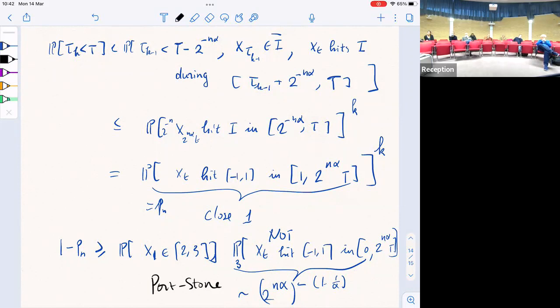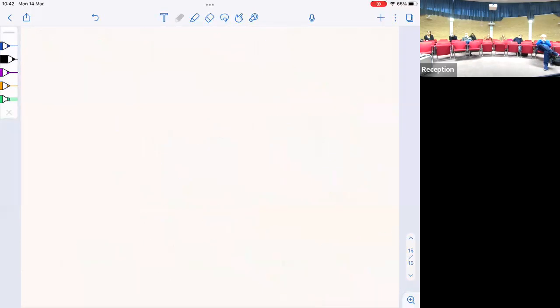Okay, so this time I'm going to skip the detail. This shows that what we really need is that K has to depend on n. The number of hitting times in the interval behaves like 2 to the n, alpha minus 1 plus epsilon with high probability. So eventually it's going to happen for all the large scales.